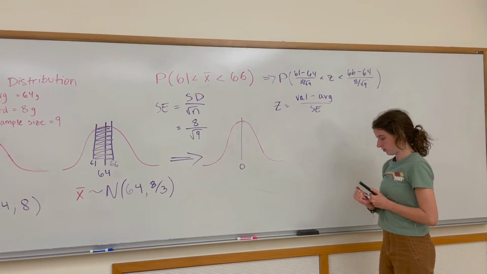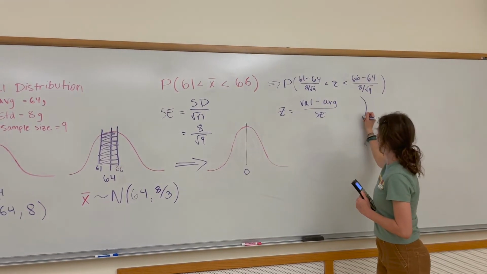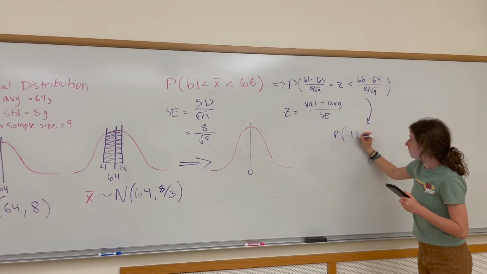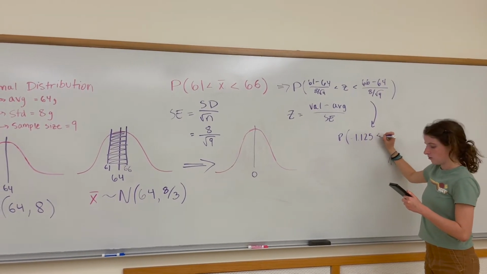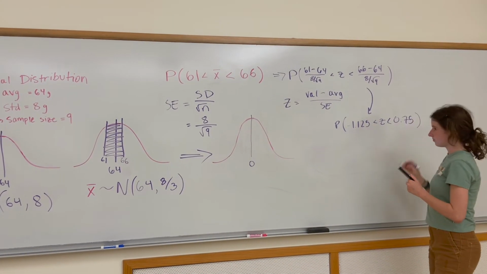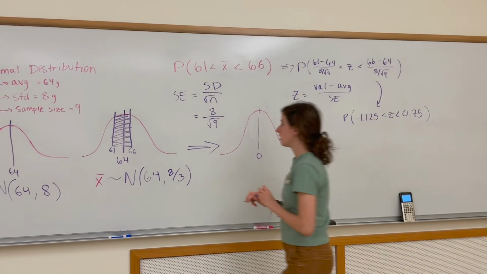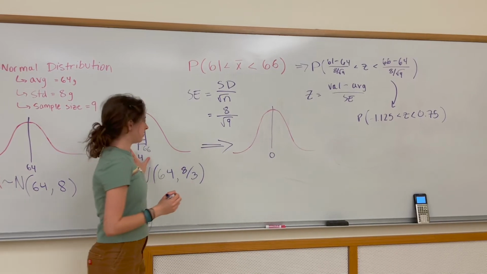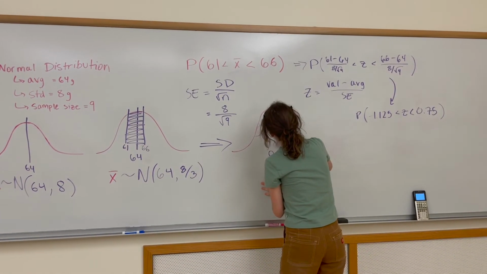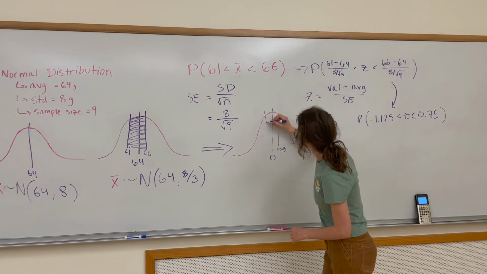This becomes, and I'll write it down here so I don't go too far, the probability that z is between negative 1.125 and 0.75. So on the new standard normal curve, we can redraw where these values are. 0.75 is here, and negative 1.125 is here.